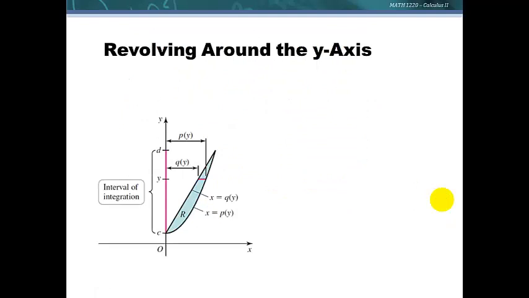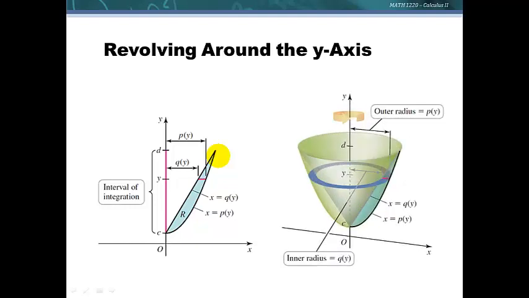Now we could revolve a region around the y-axis. We don't need to have the y-axis itself being part of the region, and then we would have our two functions. Here we have our right-hand function being p of y, and the function to the left being q of y. As we rotate this around, imagine that it's solid, if you did horizontal cross sections, you're going to have washers again.